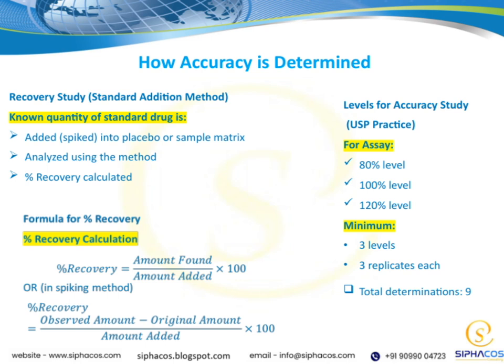This percentage indicates the method's accuracy. The closer to 100%, the better. By understanding these levels and the recovery process, we can confidently evaluate how precise and accurate our analytical method is, ensuring the quality and reliability of our results in the overall testing process.